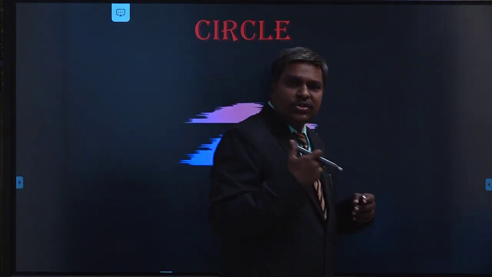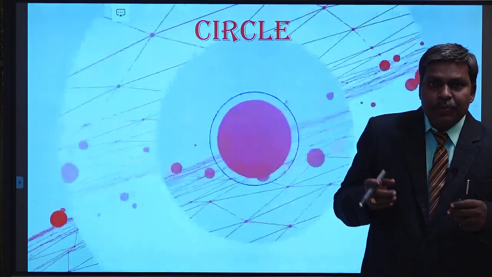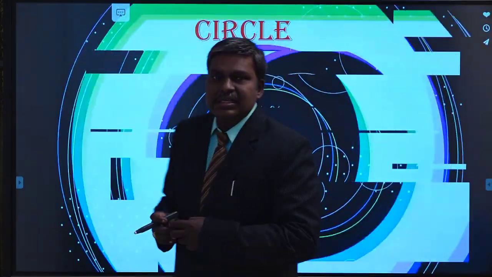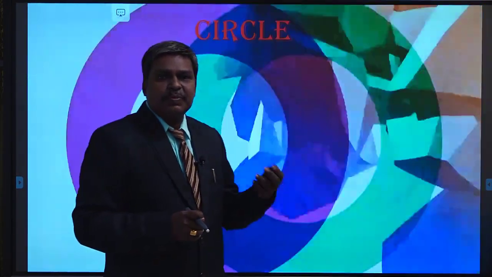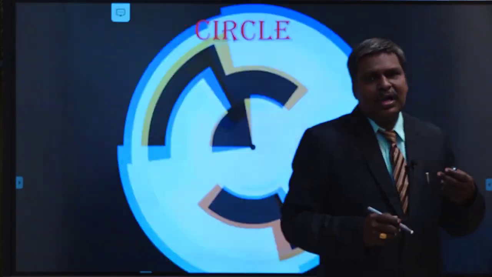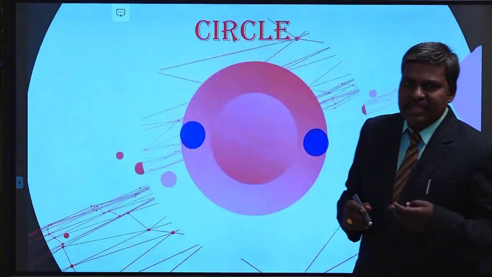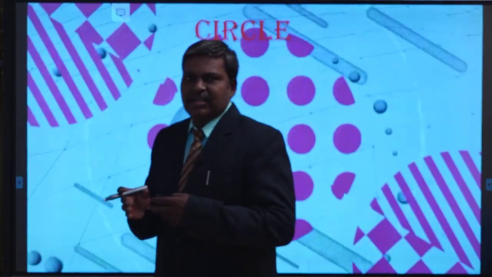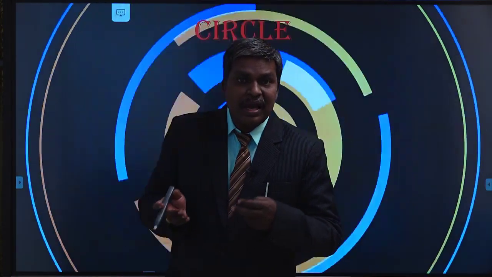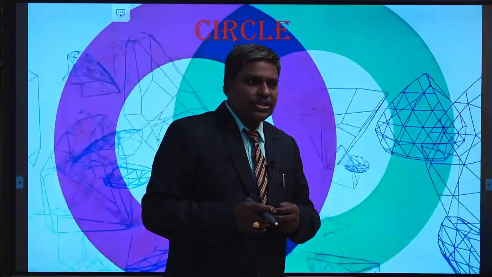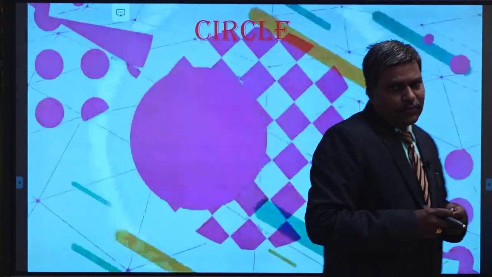Suppose your point is outside of the circle, then your polar becomes the chord of contact of the point P with respect to the circle. Suppose your point is on the circle, then the polar of P is nothing but the tangent at P to the circle. That is why the equations of chord of contact of P, tangent at P, and polar are the same, that is S1 equal to 0 for the point (x1, y1).